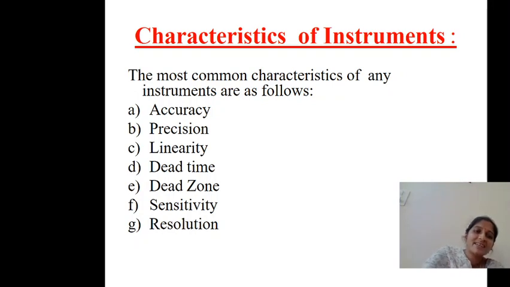Dead zone means the minimum input for which the meter will not respond; its other name is threshold value. Sensitivity is the ratio of output to input. Resolution means the smallest change you can observe on the scale. So these are the different characteristics of the instruments. Okay, thank you.